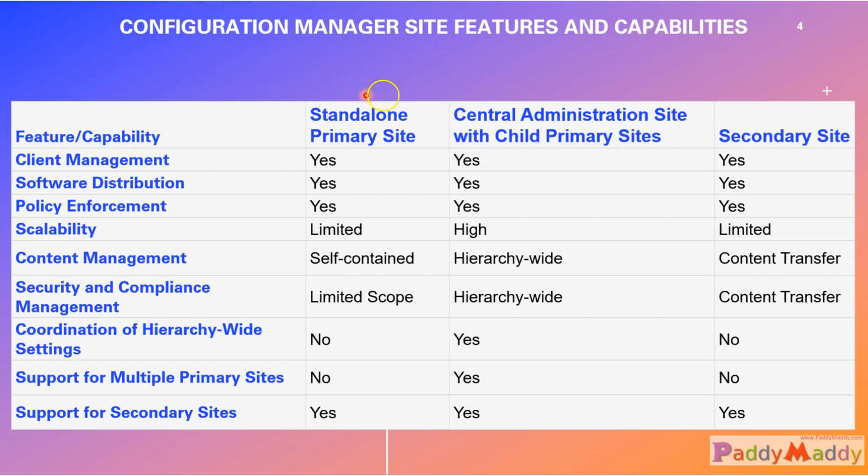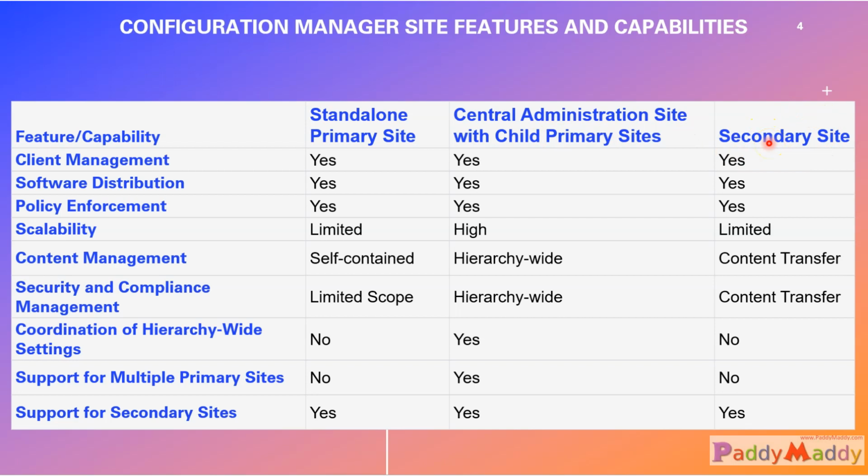So let's understand. What I have done is I mentioned here the features and their capabilities or functionality, and here the three different types of sites. The first one is a standalone primary, which is mostly the choice, and the CAS site, which even has child primaries, and then the secondary site.